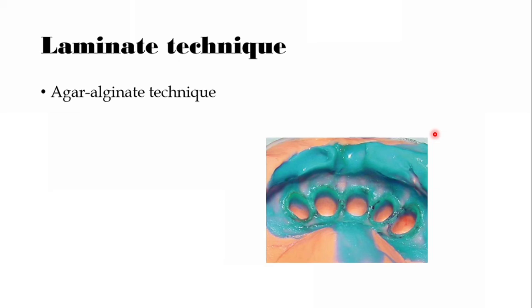Now, the agar has good accuracy, so it will record the tooth surface very well, and the alginate is cold, so it reduces the temperature of the agar, allowing it to set down. Now, this gives a more accurate impression than alginate alone. It will have fewer air bubbles. You can use a normal tray, you don't need the water cooling tray and all those things.